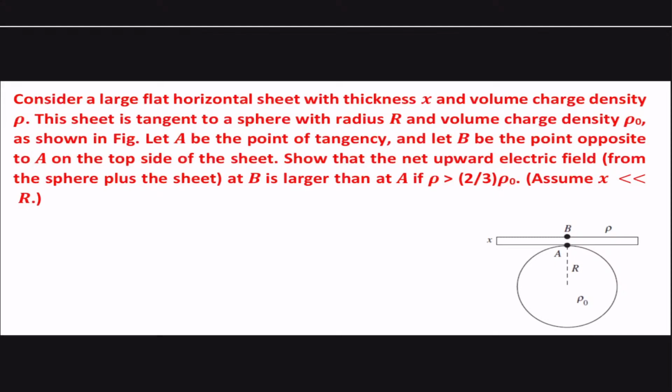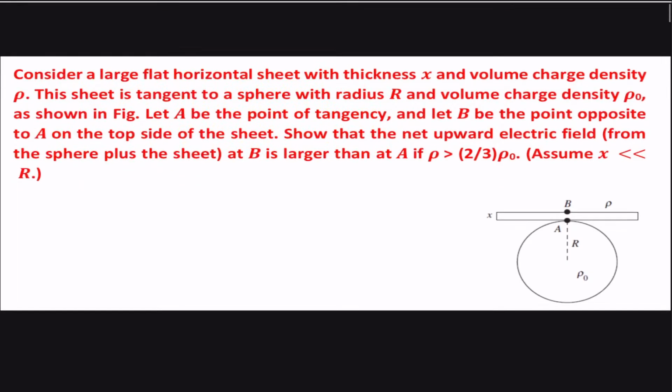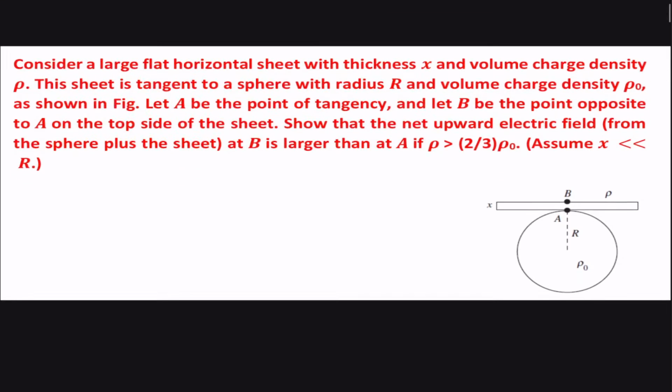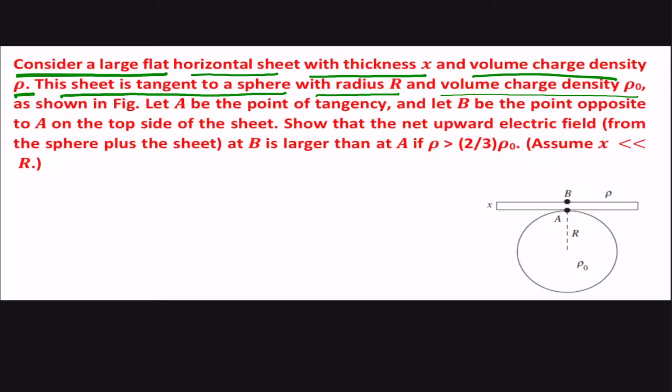So in the first question, it states that consider a large flat horizontal sheet with a thickness x and volume charge density rho. This sheet is tangent to a sphere with radius r and volume charge density rho naught as shown in the figure.